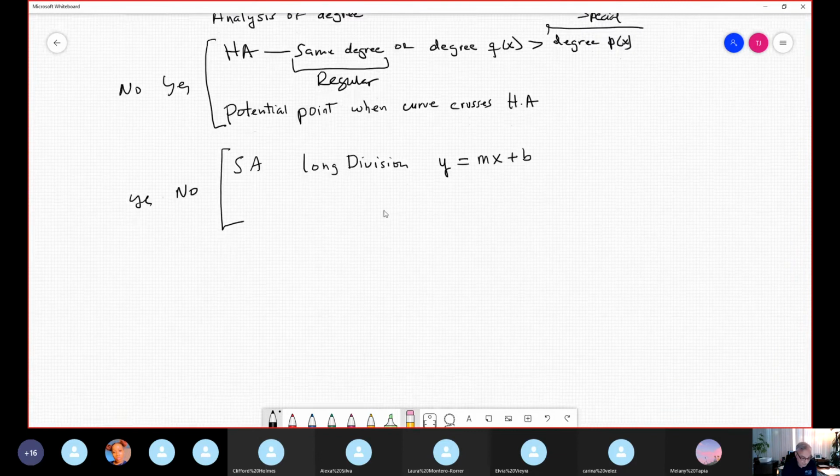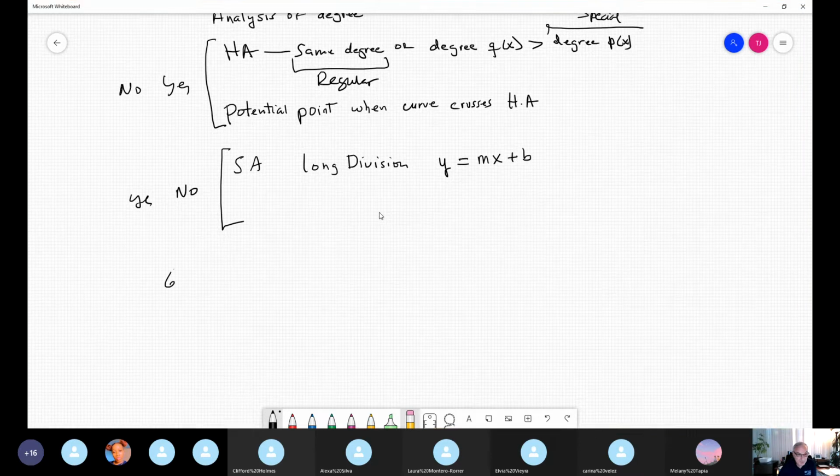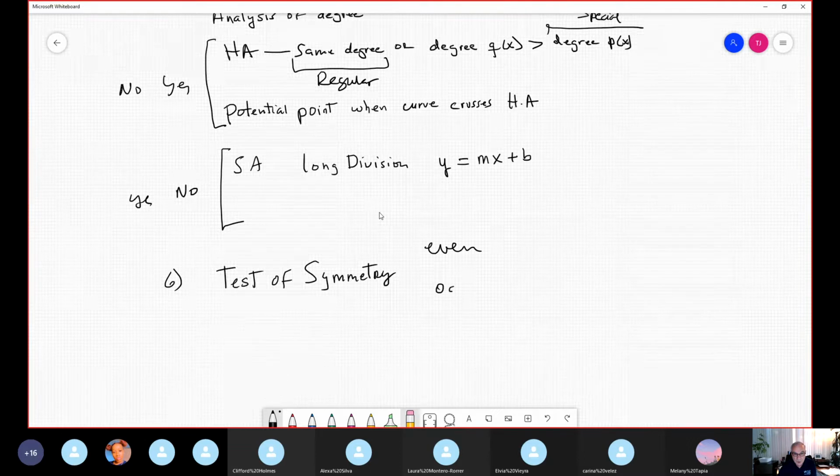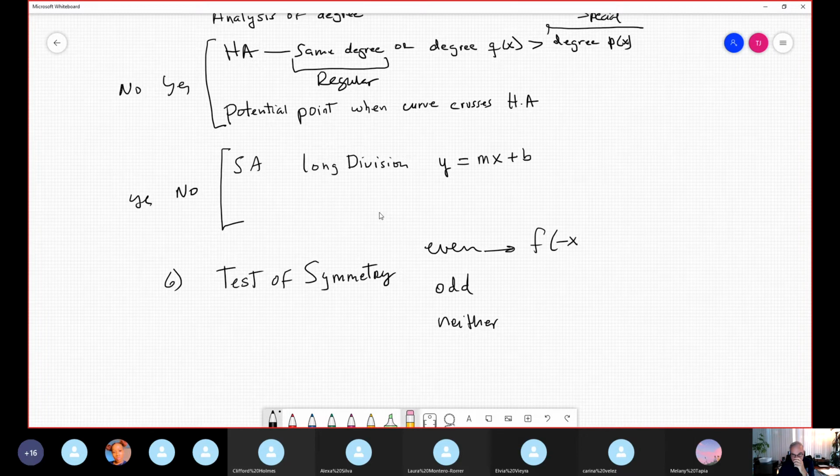And number 6 is important, in my opinion super important, and students forget it. It's the test of symmetry. I want to explain why it's important. Remember, in the other chapter, we studied the function even, the function odd, or the function neither. The condition for even is when you do reflection, the function stays the same.